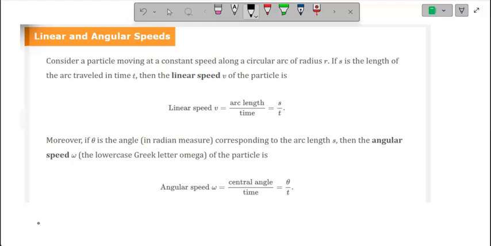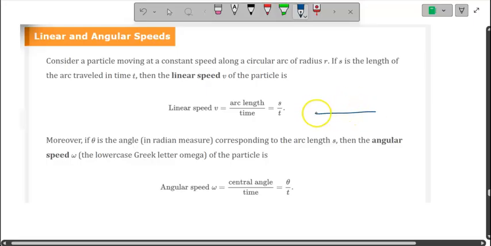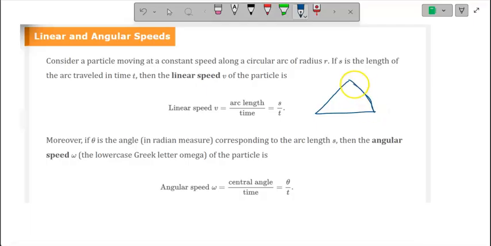Okay, so in this part here on the application, they are introducing the linear speed versus the angular speed. All right, so let's see what a linear speed is. Linear speed, technically you are on the arc. So I have, this is my angle and this is my circle.